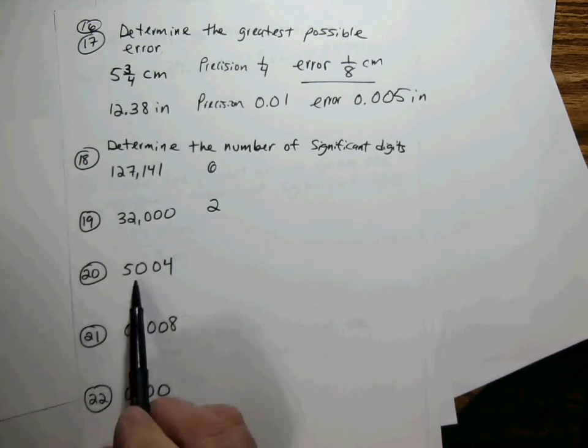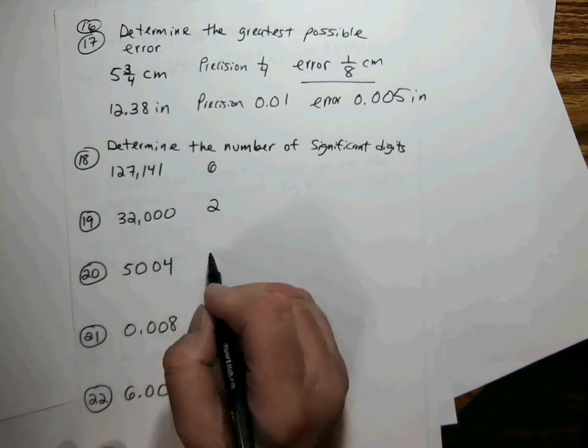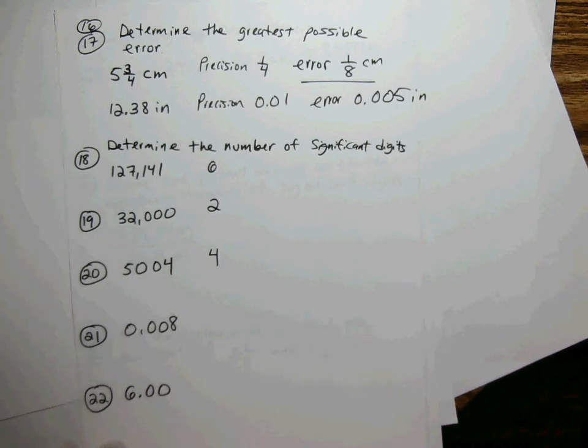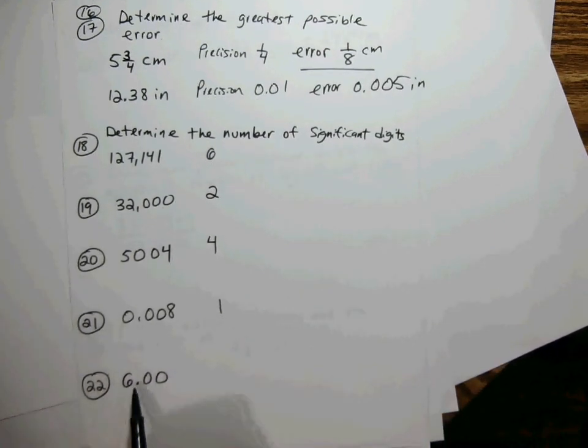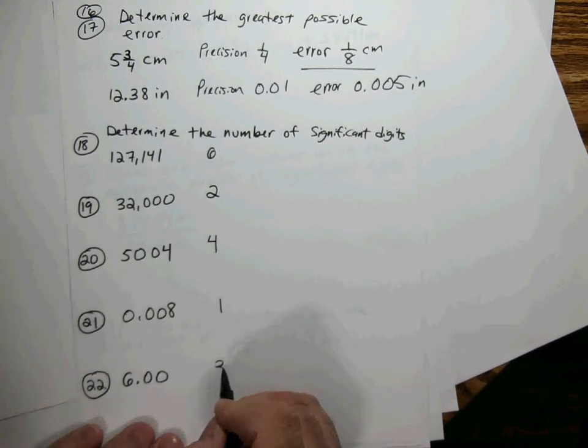Here I have some captive zeros, so all 4 of those are significant. Here I've got a decimal, however, it's a 0 point something, and leading zeros are not going to be significant in that case, so I only have 1. Here I've got a number with a decimal point, and trailing zeros after the decimal point are significant, so that's going to be 3.